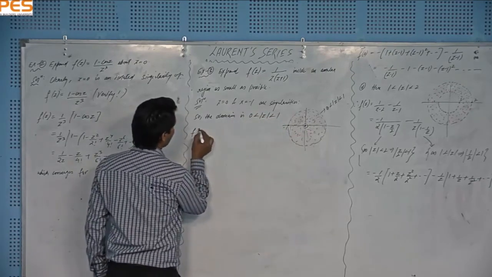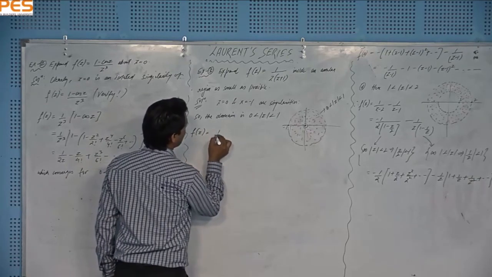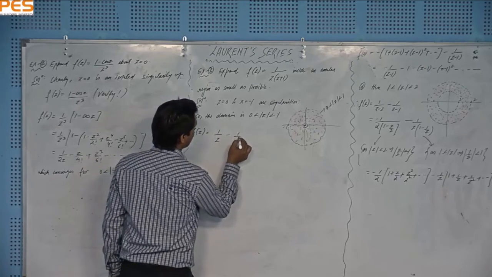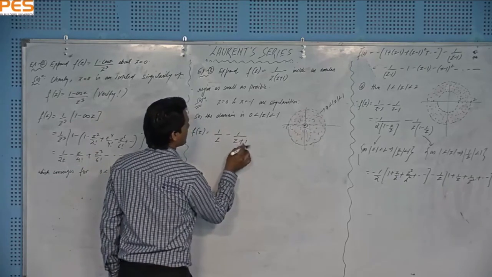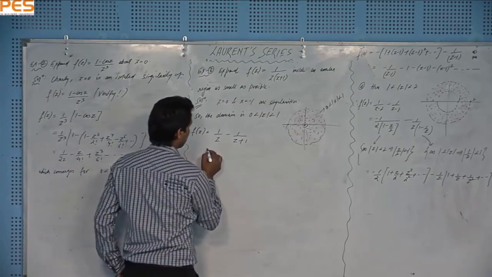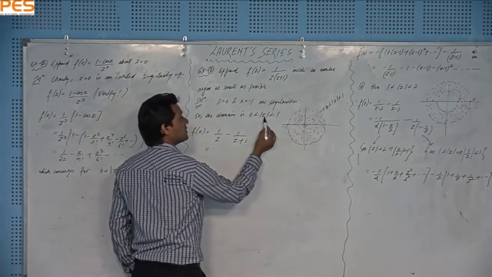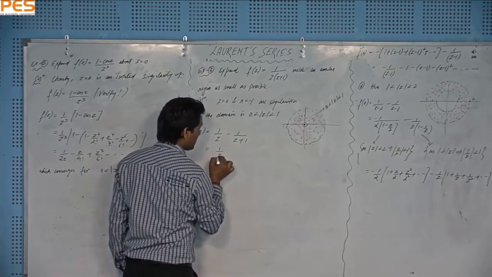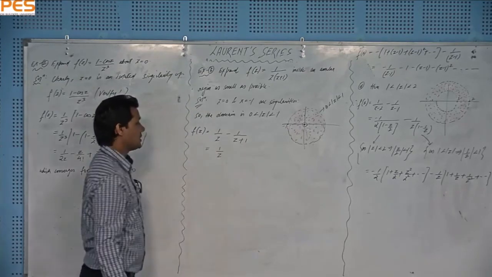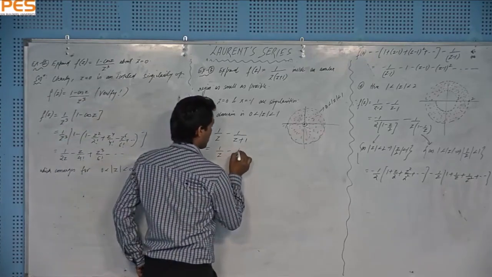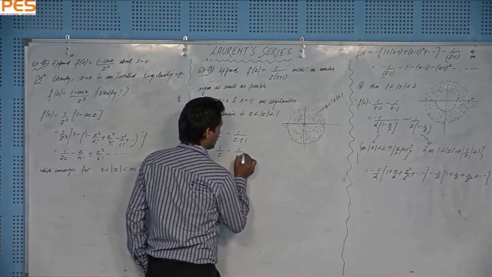Now I will write my series using partial fractions. Should I write it this way, 1 over z and minus 1 over z plus 1? You can see that on taking LCM you will get this, right? And since the center is 0, leave this term intact. Don't try to take anything common, because we have z here also, right? If I write it as 1 plus z, then it will be fine.